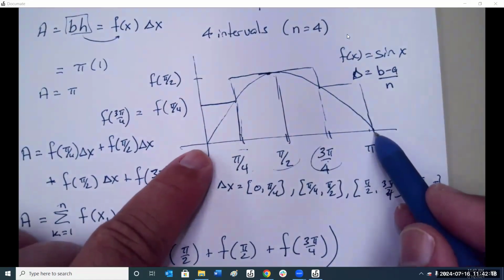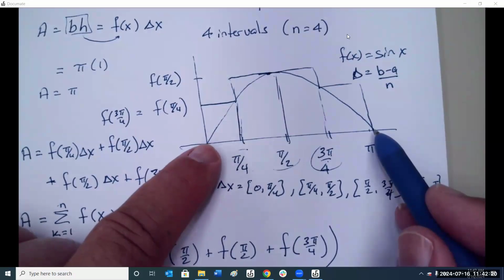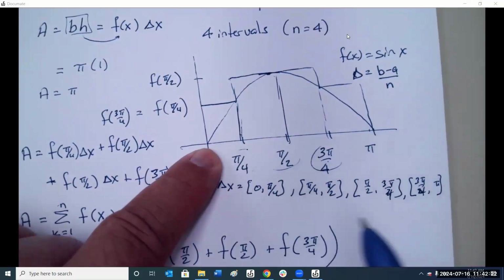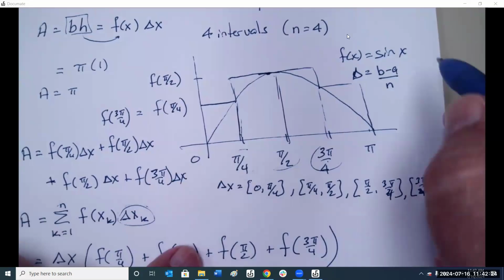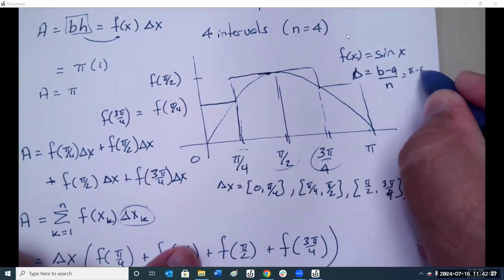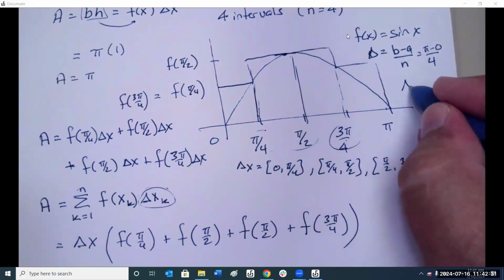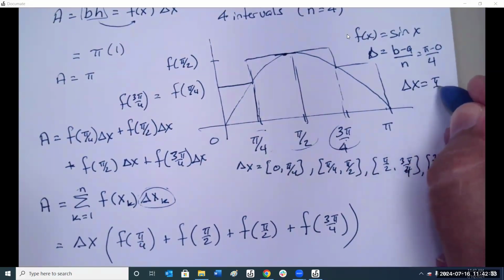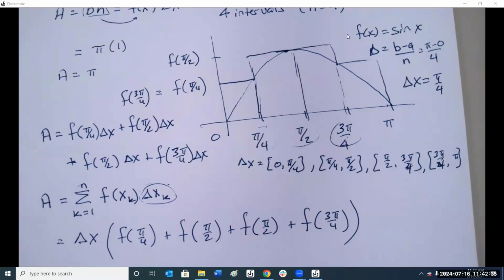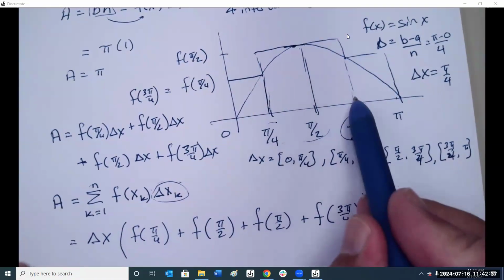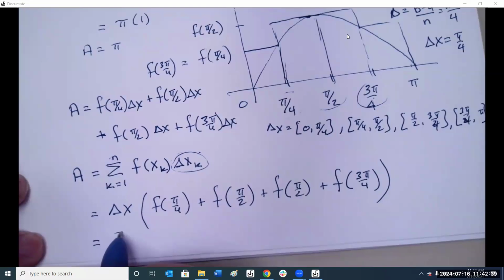What delta x represents is we're taking the entire interval and cutting it up into how many spaces. So in our case, it's pi minus 0 over 4. So delta x in our case is pi over 4, in this small example here.